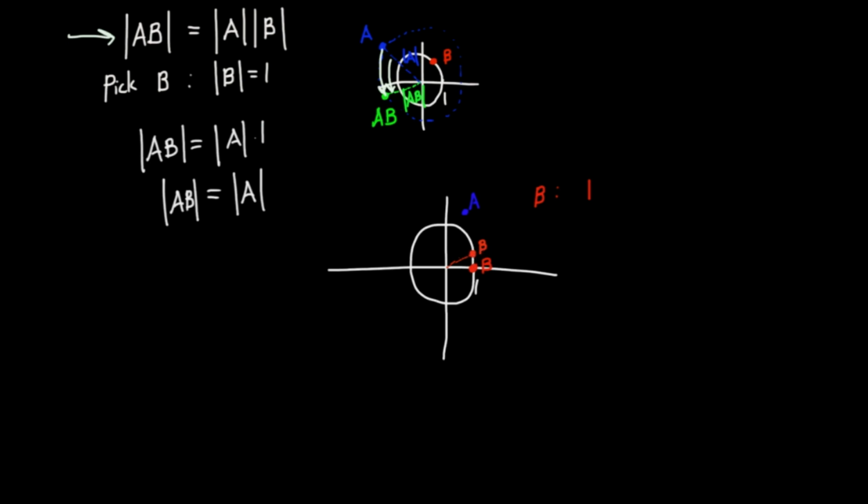That is to say, it's going to rotate A by just a very small amount. And it turns out that the amount of angle that it will rotate A by is equal to this angle right here. So A is going to be sent to that position right there, approximately. That is, I should say AB is going to be this new point here. Or as I put it, A is going to be sent to AB.